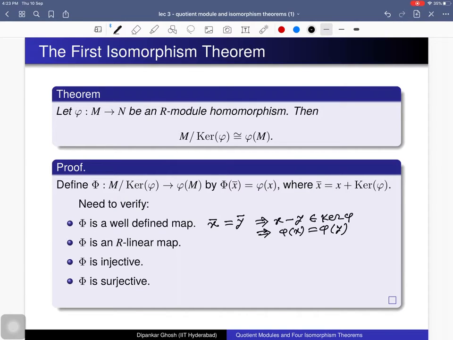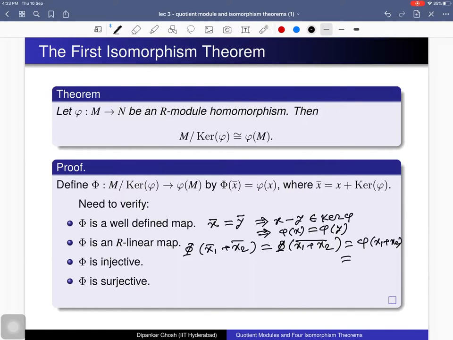Okay, so this is a well defined map, and now you can verify that it preserves addition. So x1 bar plus x2 bar is the same as Φ of (x1 plus x2) whole bar, and by definition this is just φ of x1 plus x2.